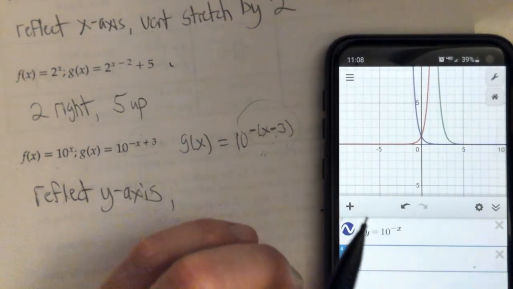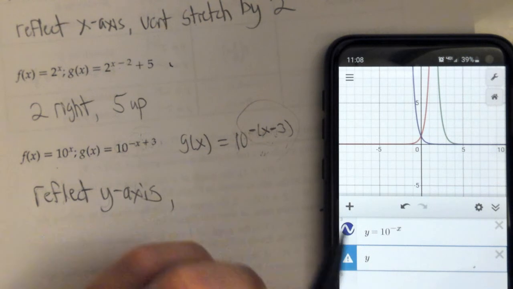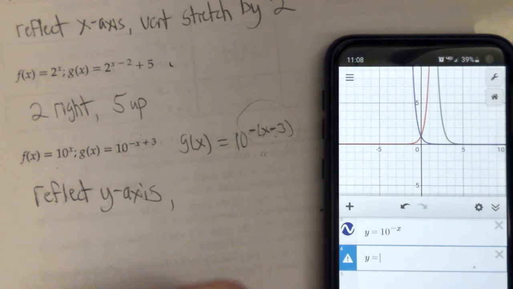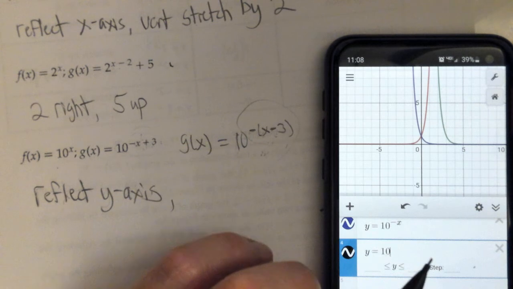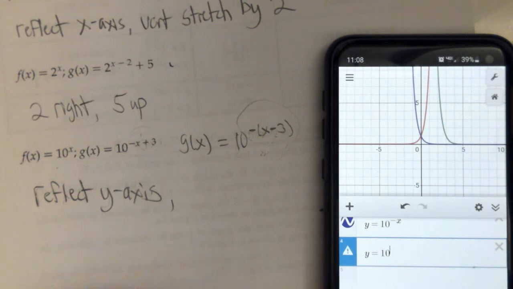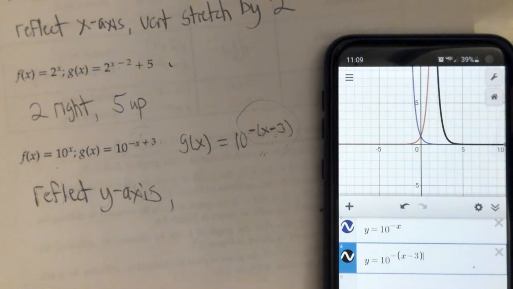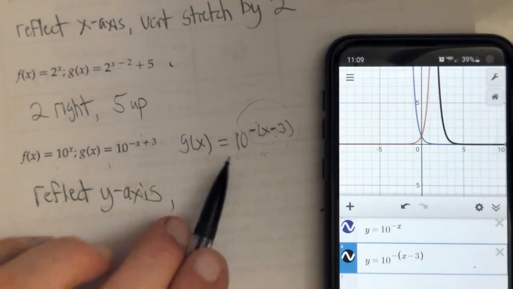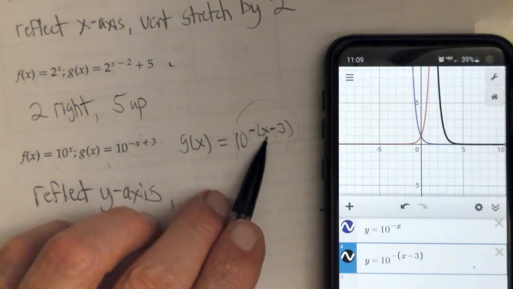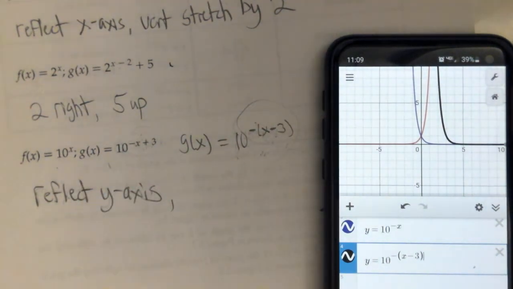So y equals 10 raised to the negative, open, x minus 3. Notice it dropped right on top of the other graph that we already had. So we know that these two are the same, and this is the form that we need to write it in to get all of our movements.